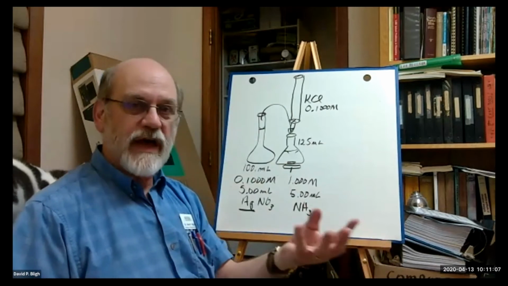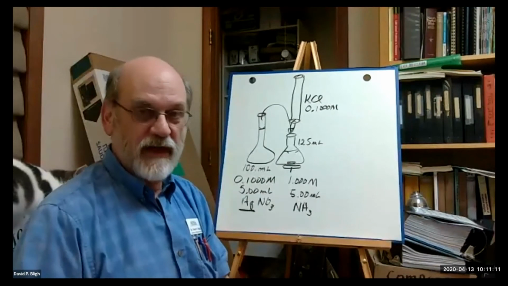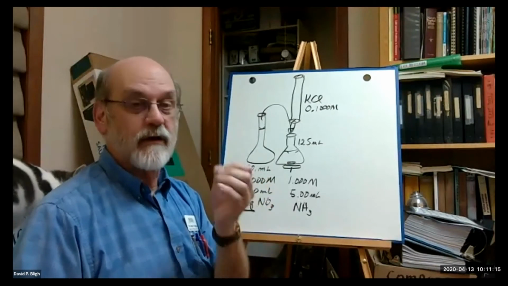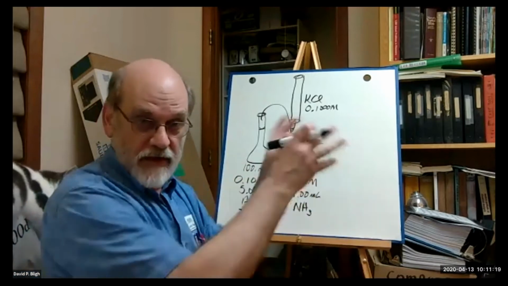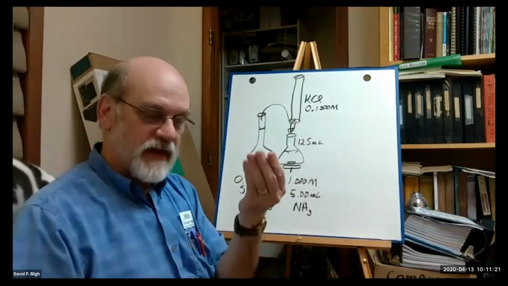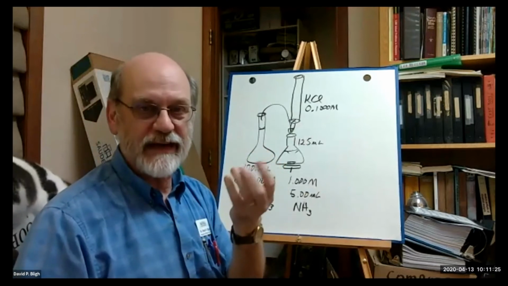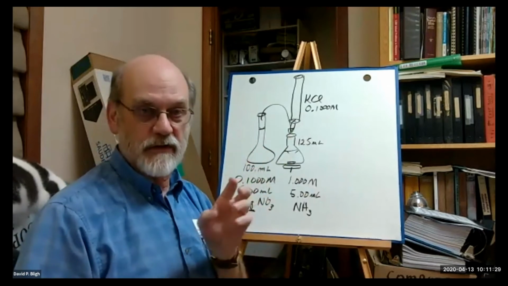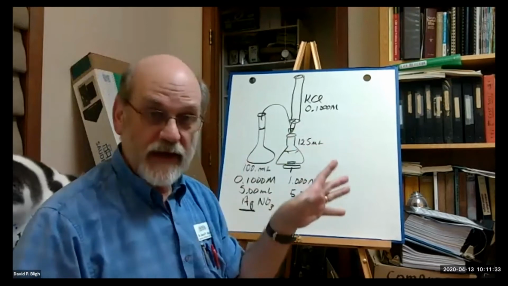And the closer you got to the end point, the more persistent the pink was before it disappeared. And when you reach the end point, that persistent faint pink remained. Use that for this. The opalescent, they call it, kind of a silvery, shiny, whitish tinge to the solution. It develops and then goes away.